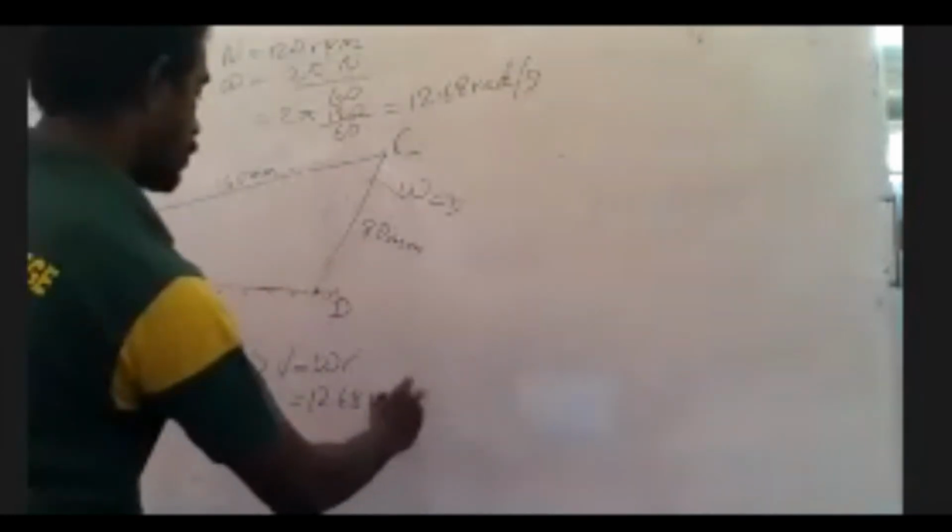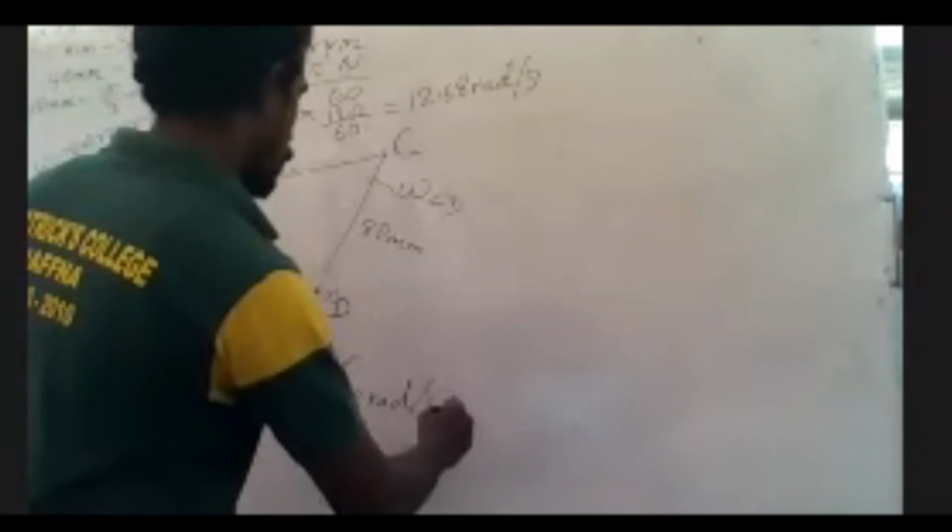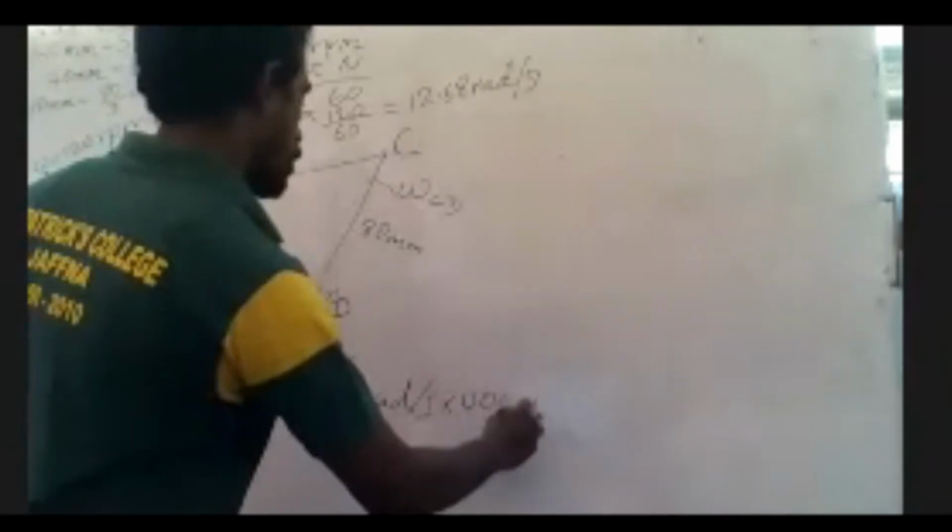Velocity of AB. You know, omega is equal to V upon R, so V is equal to omega into R. Omega is 12.68 rad per second, and R is 40 millimeter, that is 0.04 meter.